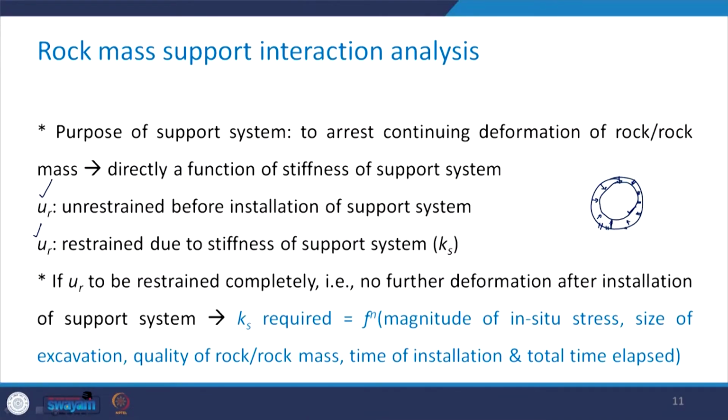So, this UR, which is the radial deformation, gets restrained due to the stiffness of the support system, which is being represented by Ks. So, if this radial deformation is to be restrained completely, what does that mean? That is, there is no further deformation after the installation of the support system.